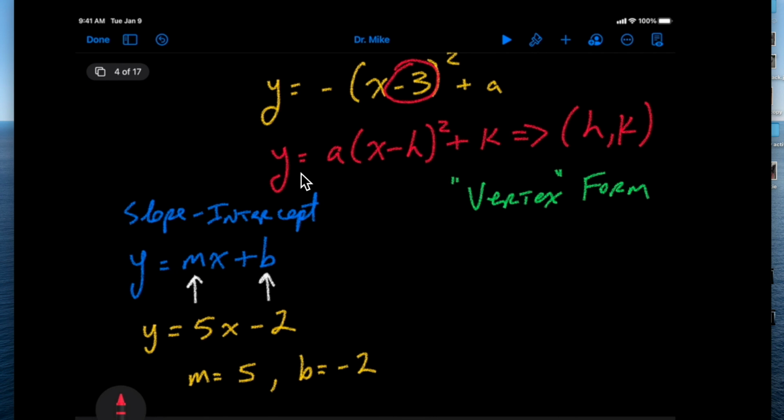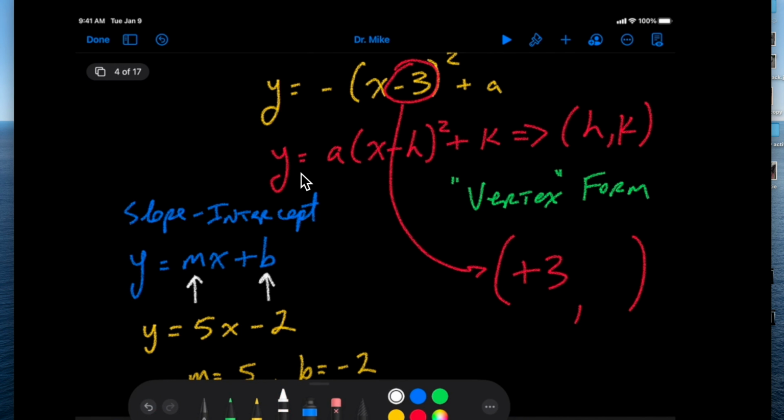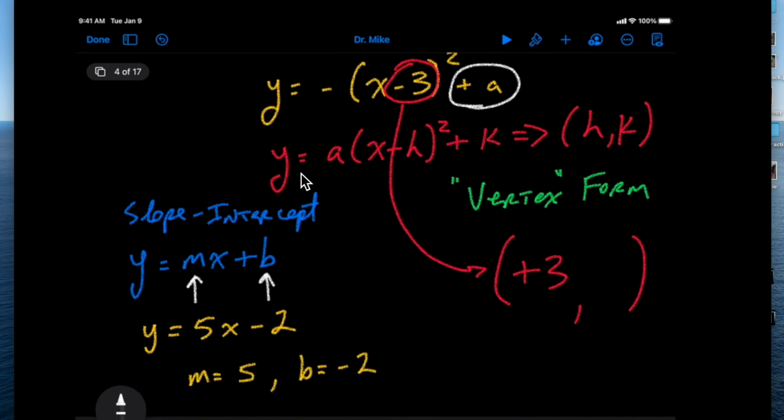And as I pull it in to my parentheses as the final answer, I flip the sign. Here, I don't have to do that. So I circle this, and I keep this exactly as is. Plus a. So folks, that's going to be your vertex. Plus 3 plus a.